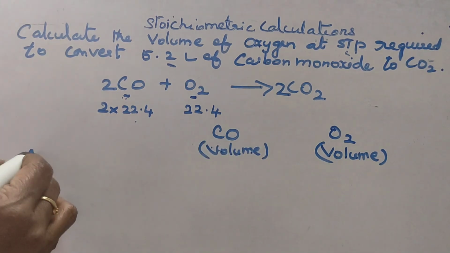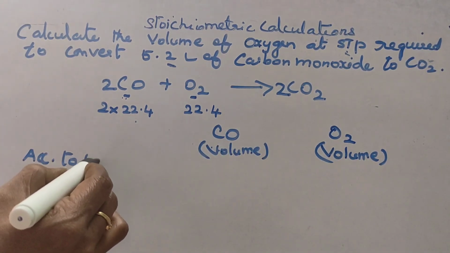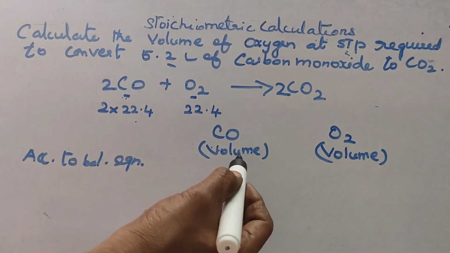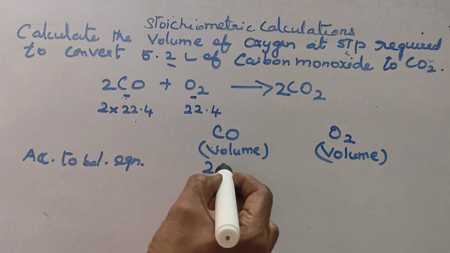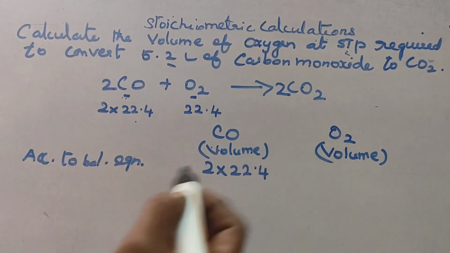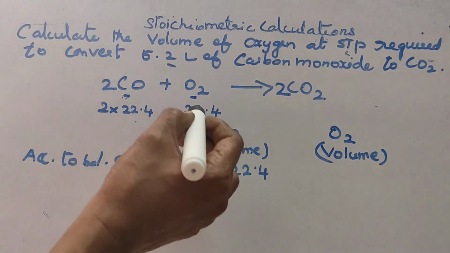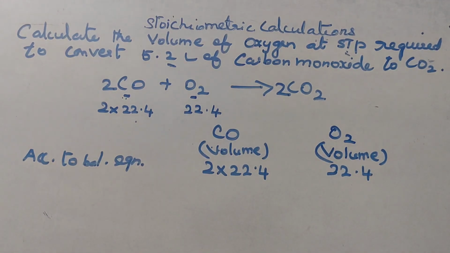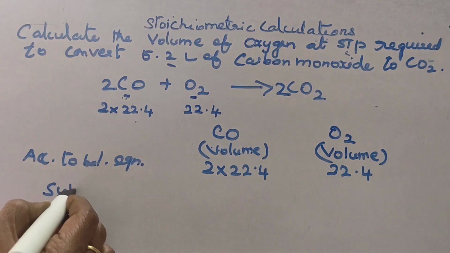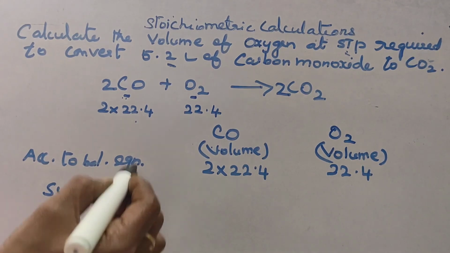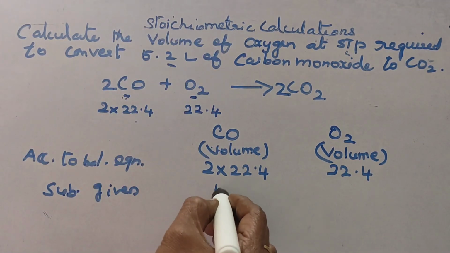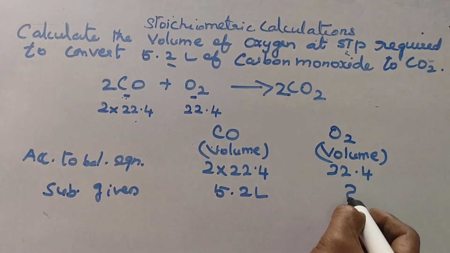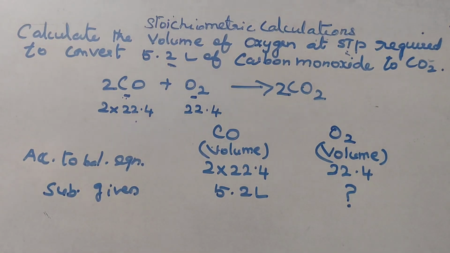So, according to the balanced equation, 2 into 22.4 liter of carbon monoxide needs 22.4 liter of oxygen. Substance given: 5.2 liter of carbon monoxide needs how many liter of oxygen?